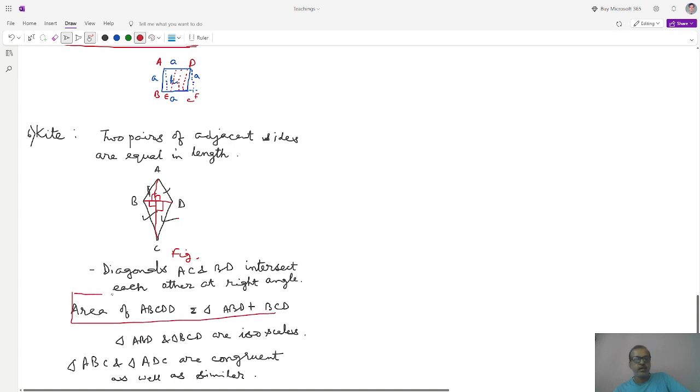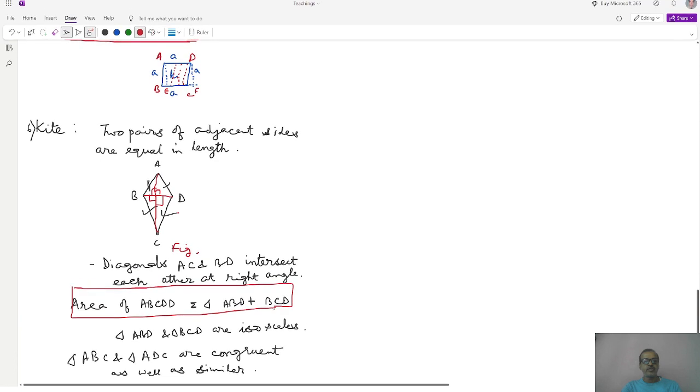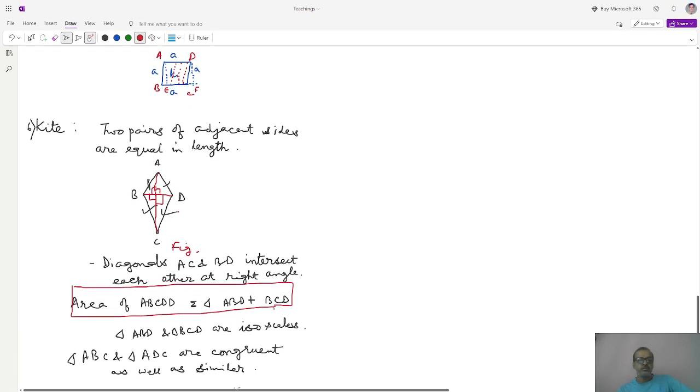We already know how to calculate the area of a triangle. Since triangles ABD and BCD are isosceles, because their two sides are equal, we can find more easily the area of triangle ABD and triangle BCD. Okay.